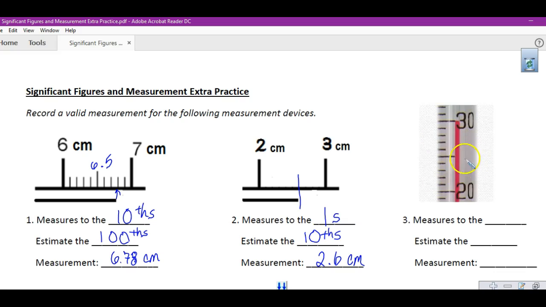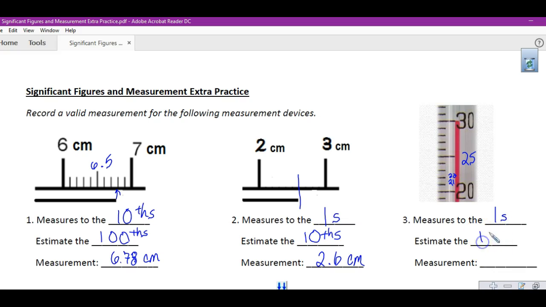Alright, so we move over to the thermometer, and this one trips people up sometimes. You see the big mark was 20, there's a halfway, and then 30. So the big halfway mark is 25. So if you count, that's 21, 22, 23, 24, 25. So this is going up by 1.